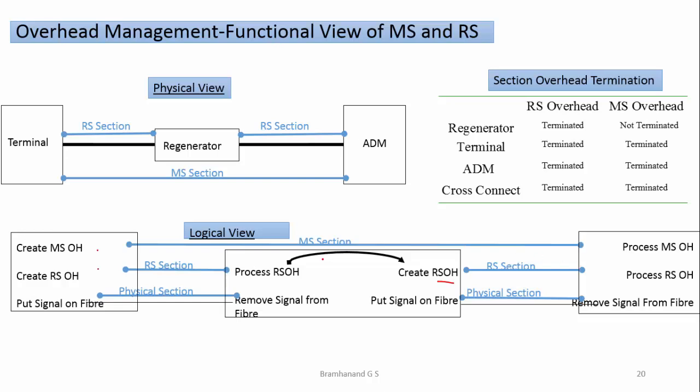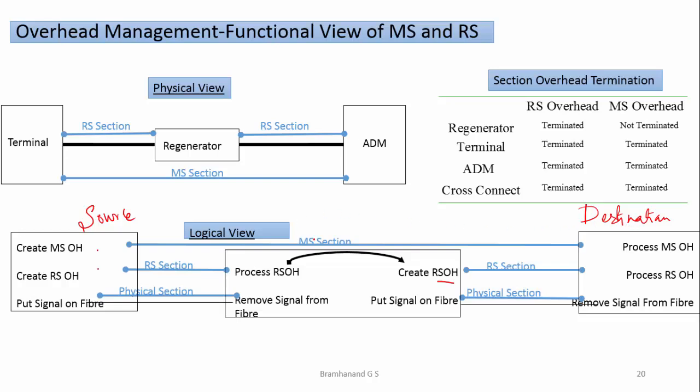We can see here that the multiplex section overhead, which was placed by the terminal multiplexer at the source, is not processed at this regenerator section. Instead, it is directly processed at the destination mux.